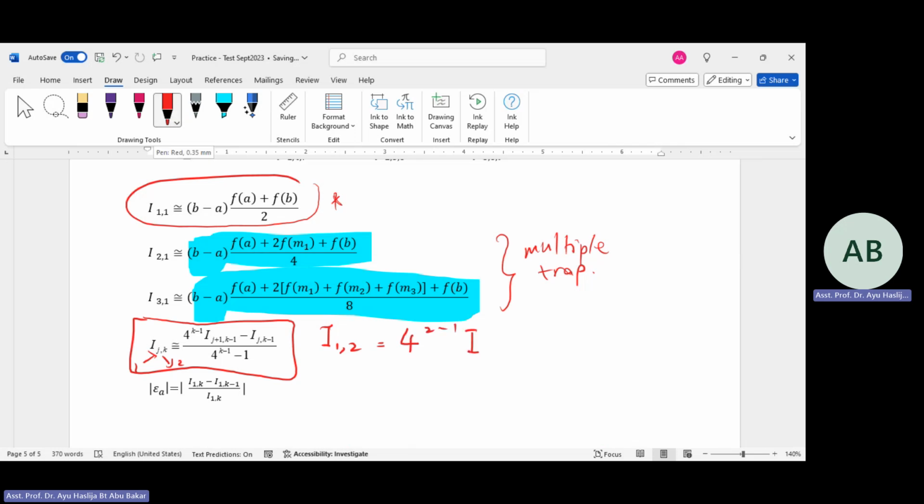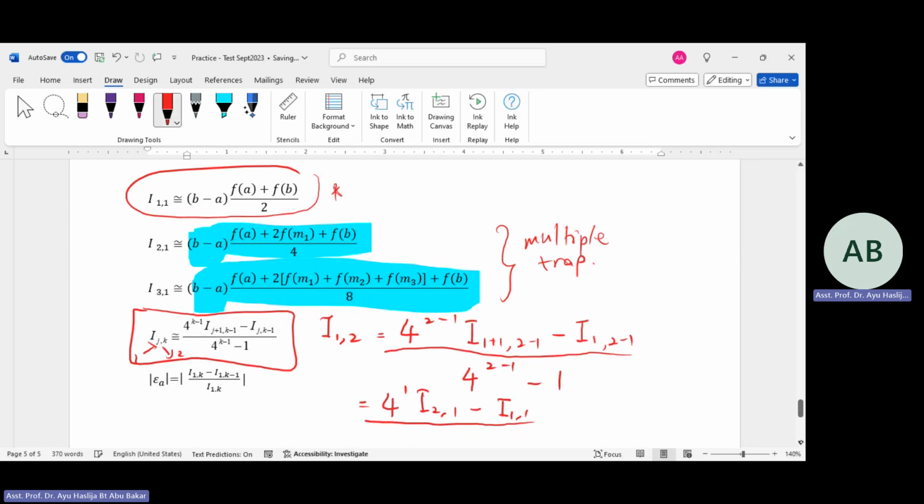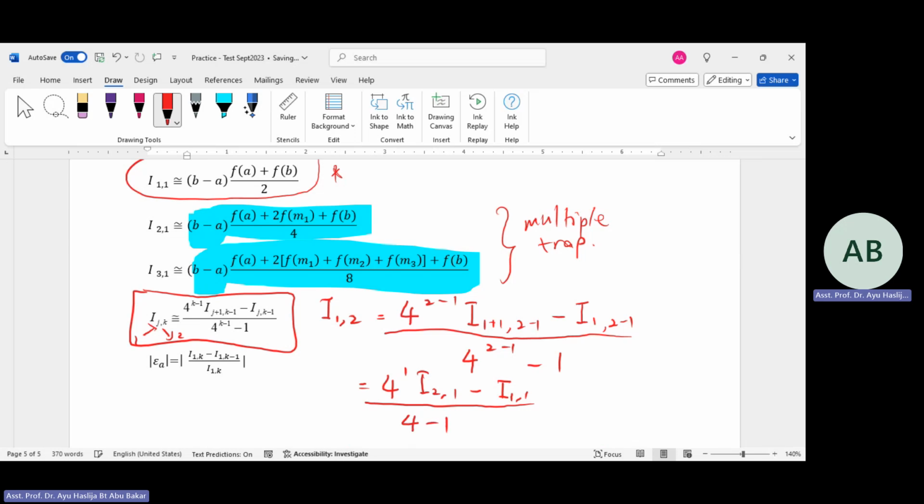Sub in all the values, then from there you'll get the result.